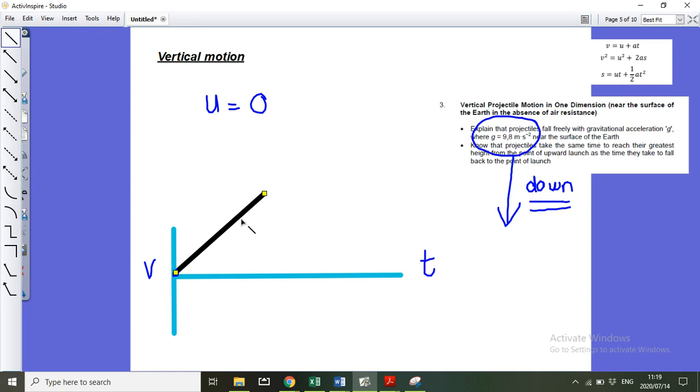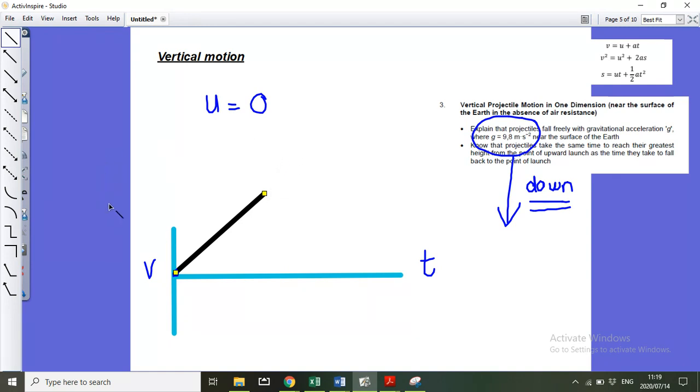So if you decided that down is positive, then the gradient is going to be positive, but it needs to be constant because it's going to be 9.8. It will reach its fastest speed just before it hits the ground. So its fastest velocity will always be just before it hits the ground. So that would be for an object that is dropped.